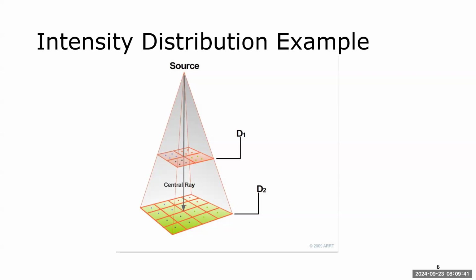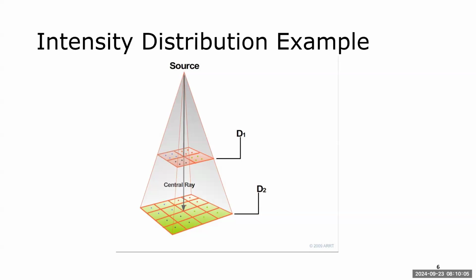So what happens to the number of dots or photons in each square as the distance doubled? Still the same? No, they spread. There's one quarter as many dots. Right. So the intensity decreased by a factor of 4, right? Because it's to the square of the distance.